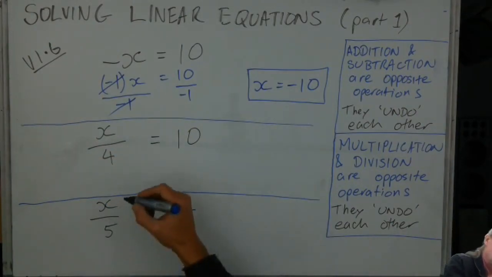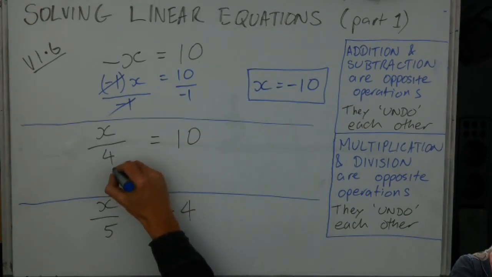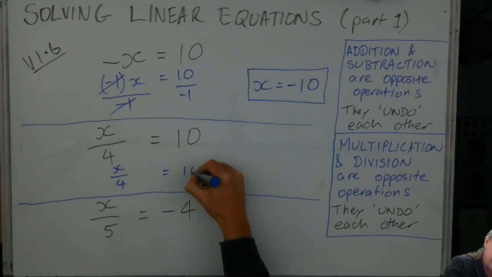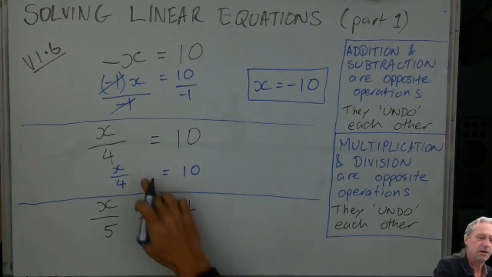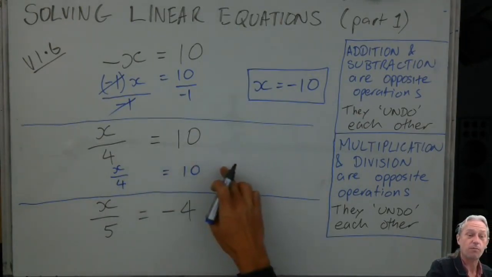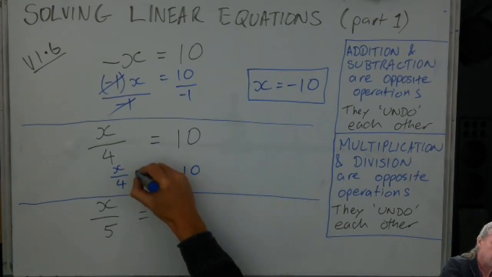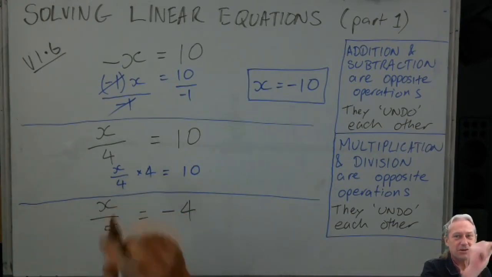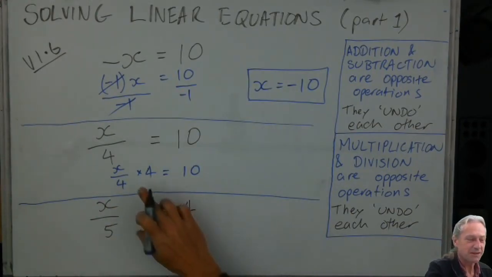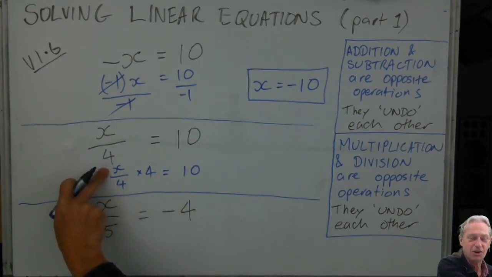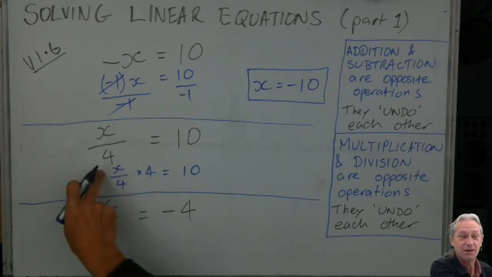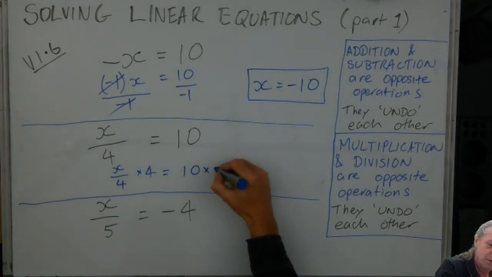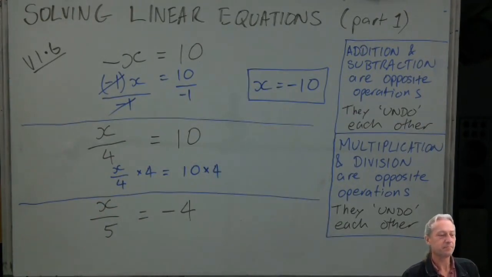So I'm going to write out x divided by 4 again, except we're going to multiply by 4 on both sides. Notice I've got a straight line cross for times. We're keeping the x curly so that we don't get confused between our unknown numbers and our operations.